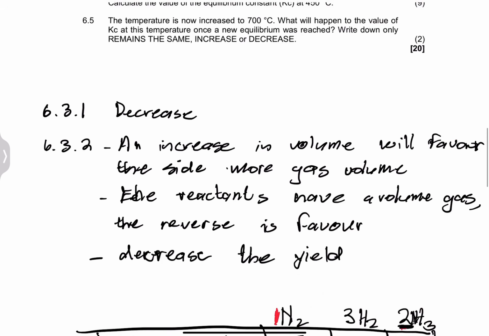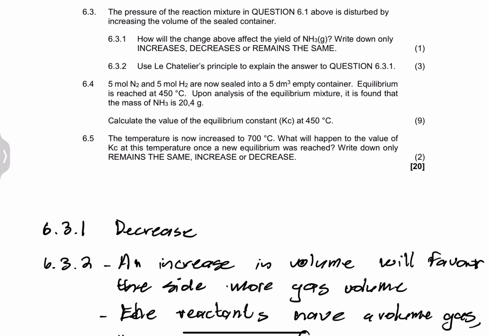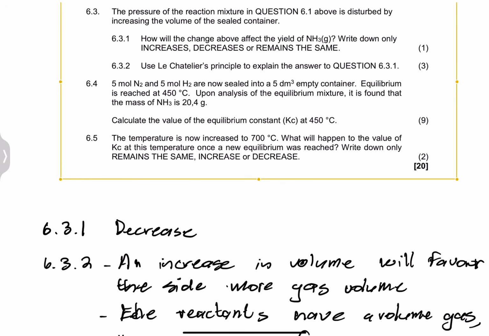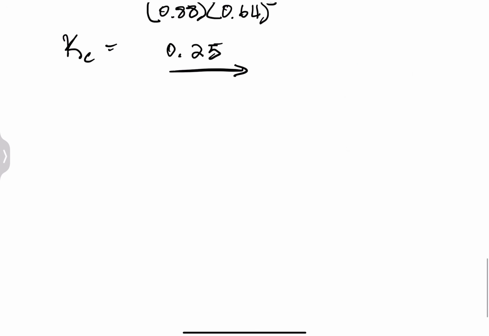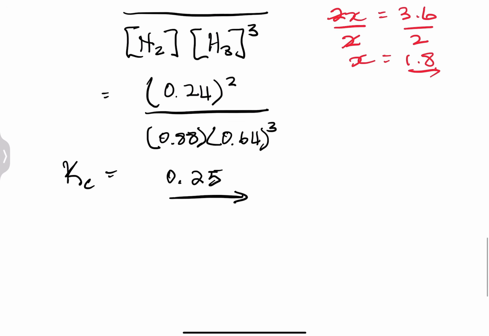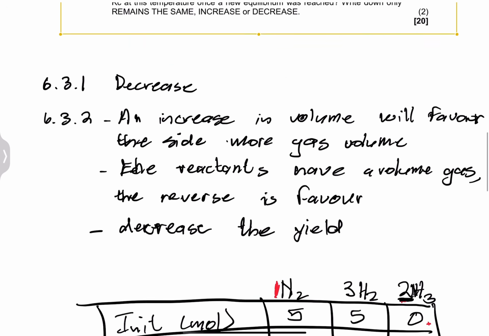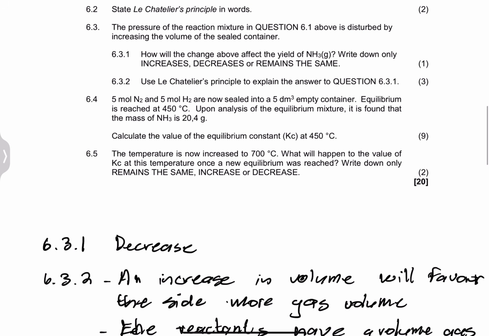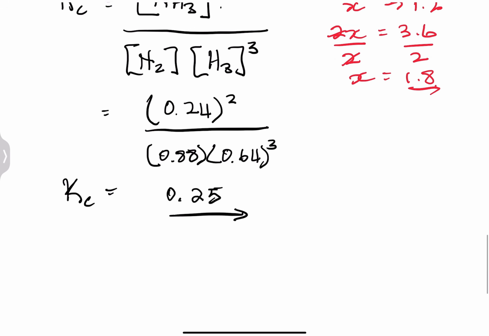So to answer the question, they asked whether it will remain the same, increase or decrease, and we say it will definitely decrease. So our Kc value would decrease. And essentially that is the end of our question. That's 6.5, and we know that it will decrease.